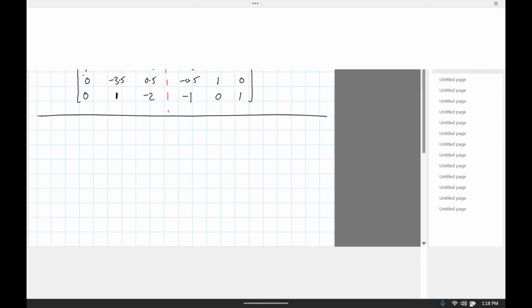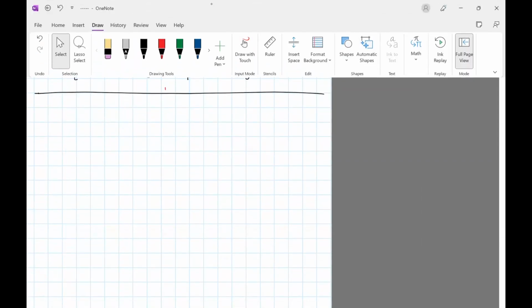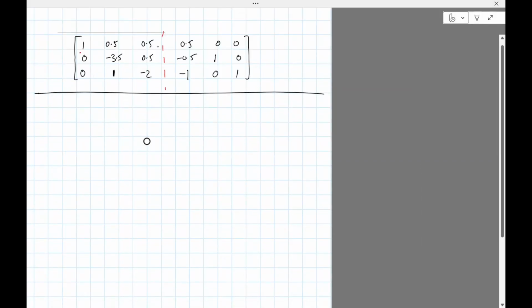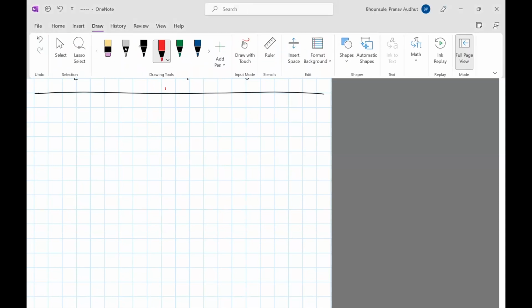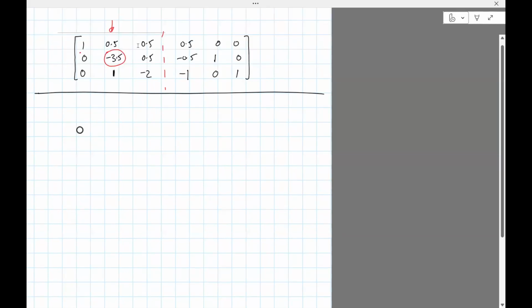Okay. Next, we work on column 2. We need to look at the pivot. The pivot in this case is always the nth row, nth column entry. So second row, second column is the pivot. We want to reduce this to 1, and one way to do that is to take row 2 and divide it by minus 3.5.